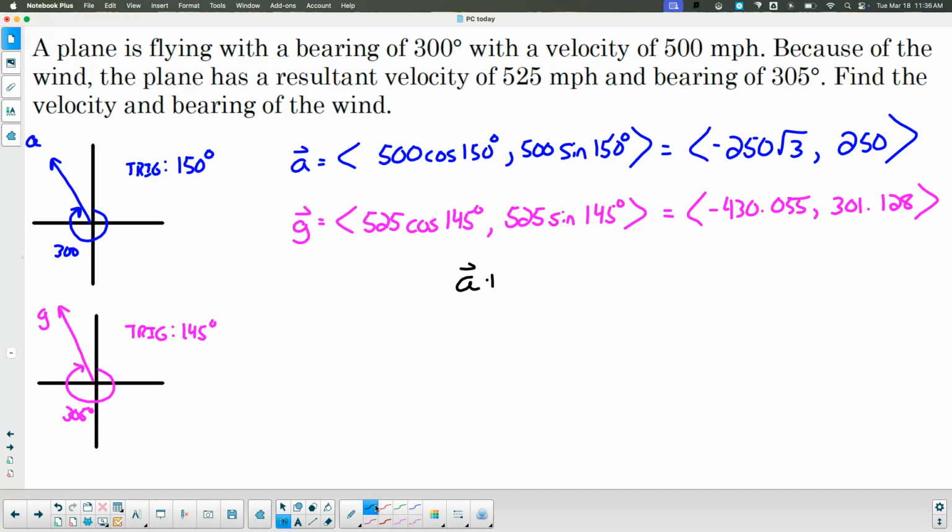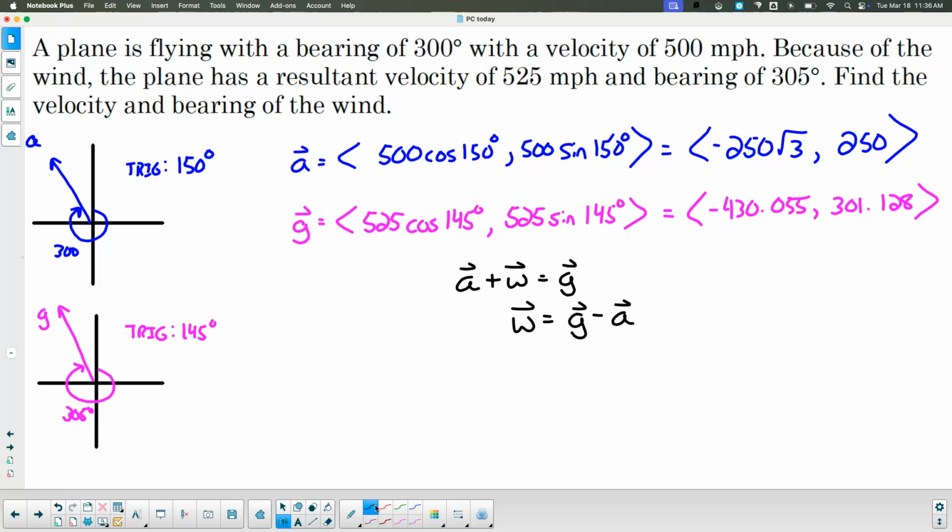A plus W is equal to G. If that's the case, yes, then W is going to be G minus A. Would you agree with that? I can subtract that vector from both sides. So I'm going to actually subtract going up.